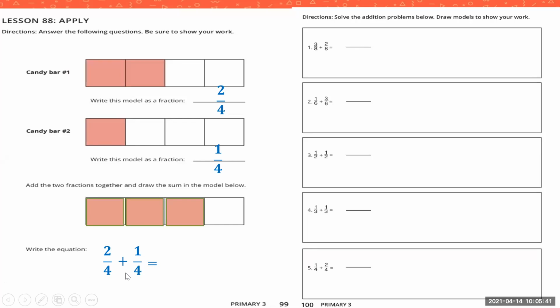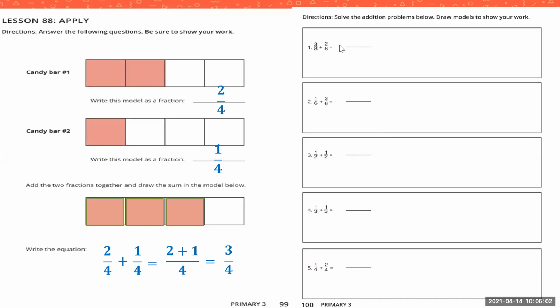Then I will add the numerators. 2 plus 1 equals 3. So it's 3 over 4. Okay? 3 over 4. Don't write 3 only. We must write the total fraction, 3 over 4.